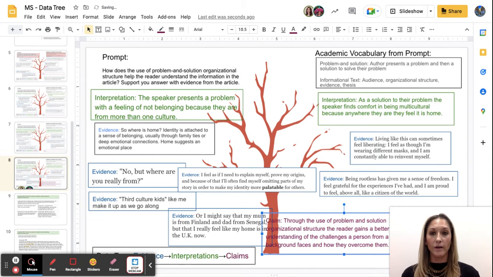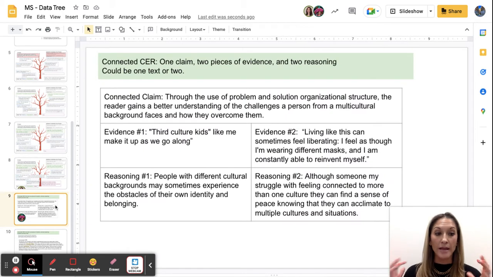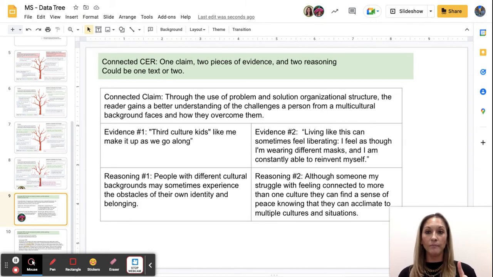This is just kind of a roadmap of my thinking, and I pull all of this information to then lead me to my claim. And I've got my claim here. I write it at the bottom of my data tree. Then we move into framing my connected CER. Remember from the beginning, a connected CER has one claim, two pieces of evidence, and two reasonings.